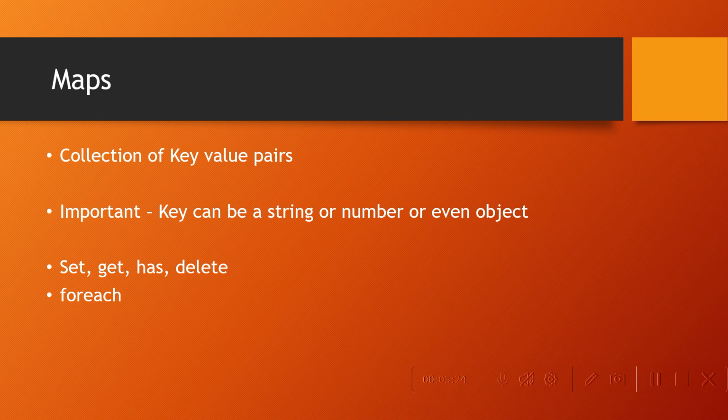So the combination of a key and a value makes one element in maps. Important to notice, the key of a map can be a string or a number, or even an object can be set as a key. Then we have multiple functions here: set, get, has, and delete. And the same thing, we can use forEach to iterate all the values of maps. You can see examples now.